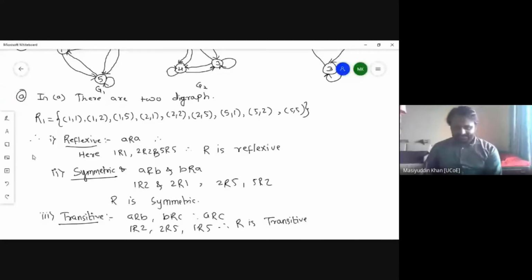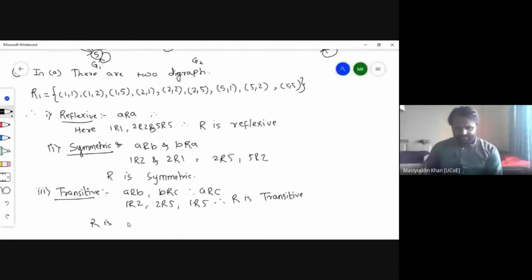So therefore we can say that R1 is an equivalence relation. You can write it as R1 because I represented it as R1 here.